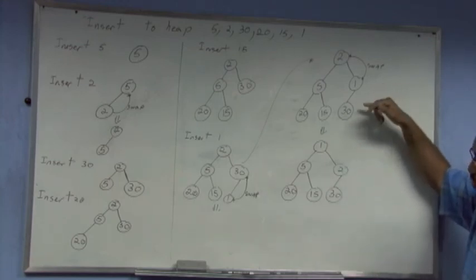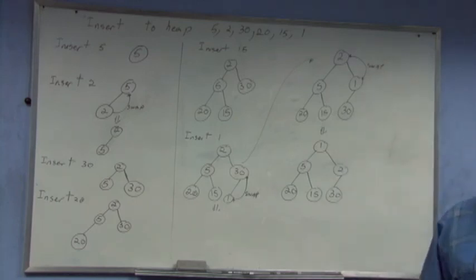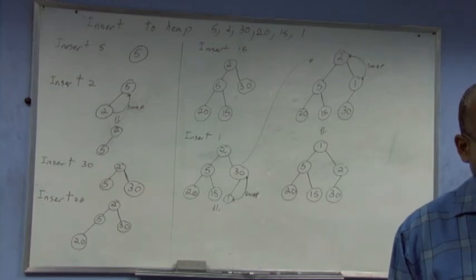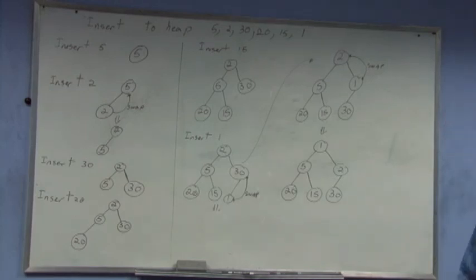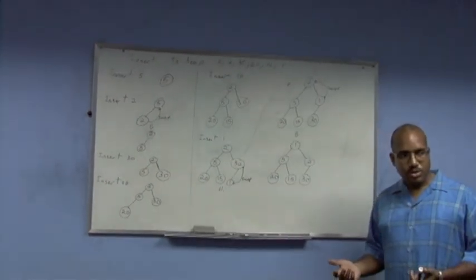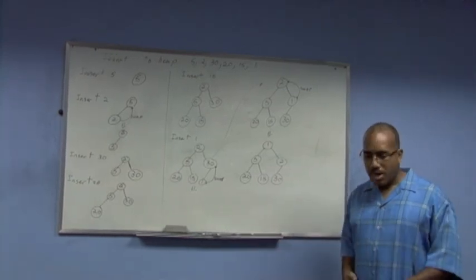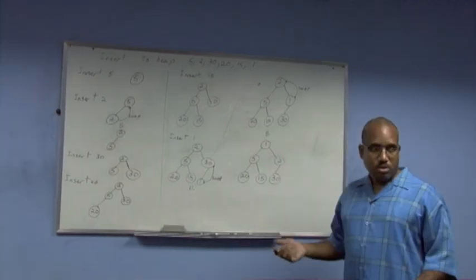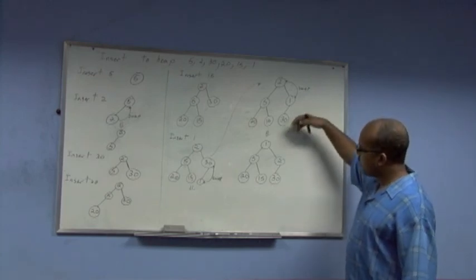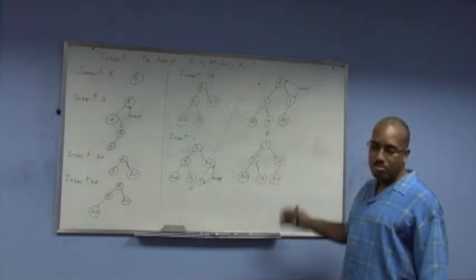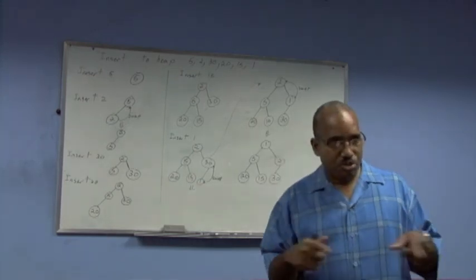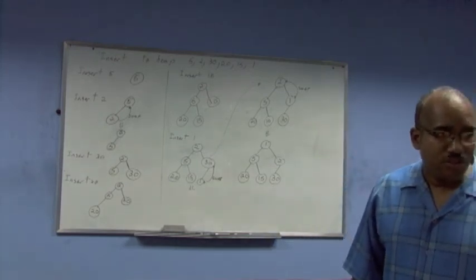In this case, we'll do up to 2 swaps, but generally, if we have n items, let's say the height of the tree is h. In the worst case, how many swaps would we have to do? h swaps. And because the tree is balanced, h is log to the base 2 of n. So we're guaranteed a performance of the heap of log to the base 2 of n, once we look at all the operations that need to happen for insertion and deletion.